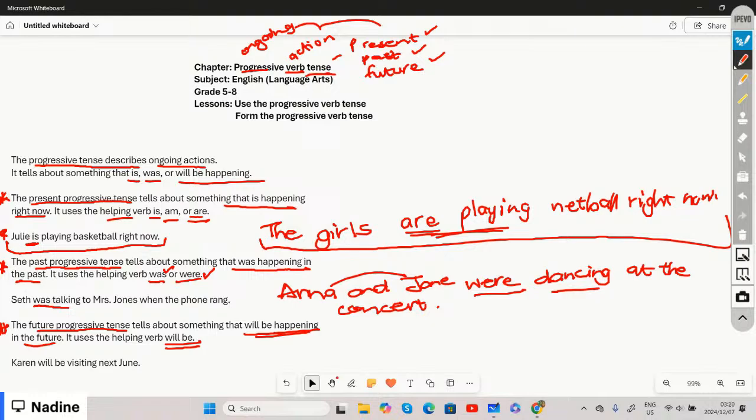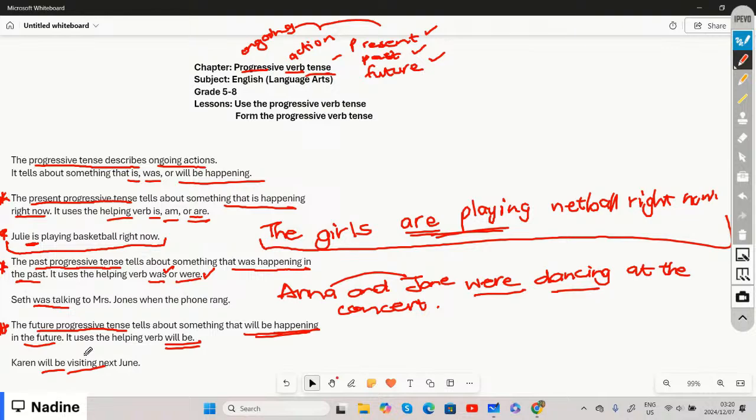All right. If we look at an example of a sentence that shows the future progressive tense, it says Karen will be visiting next June. That specific sentence shows us the future progressive verb tense.